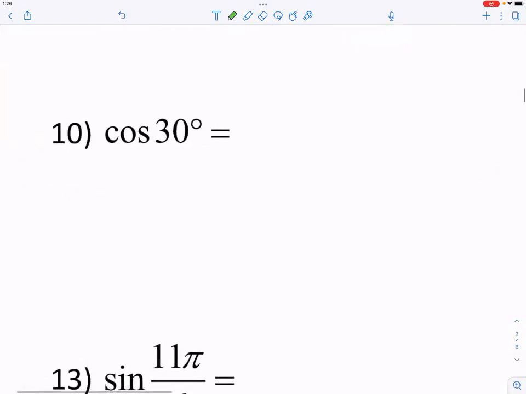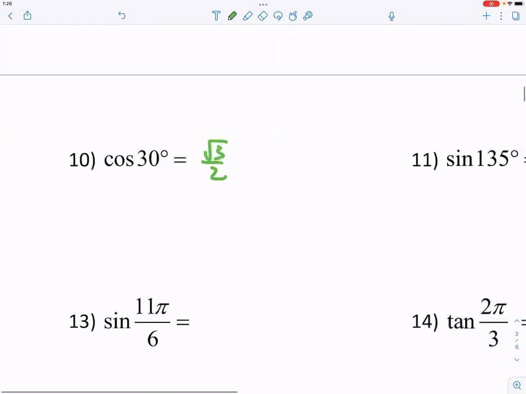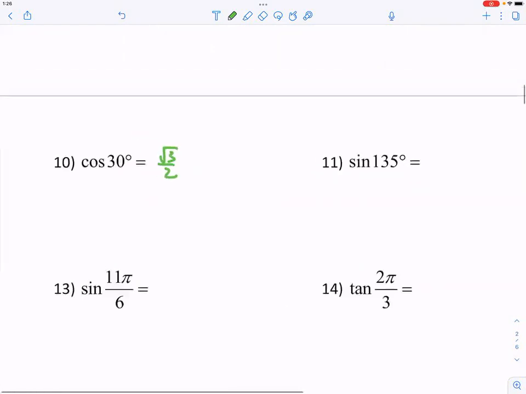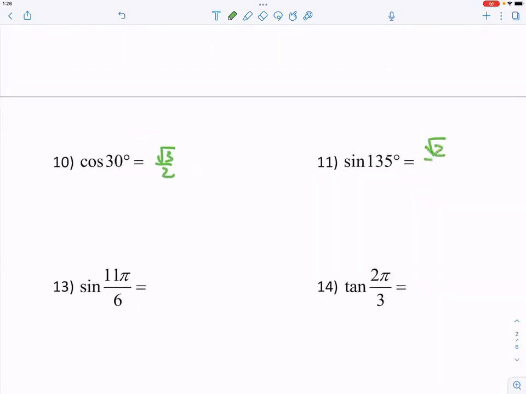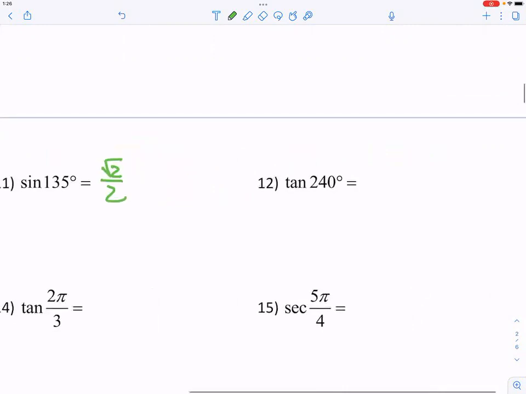Cosine of 30, root 3 over 2. Sine of 135, root 2 over 2. Tangent 240, square root 3. By the way, I don't have an answer key with me.